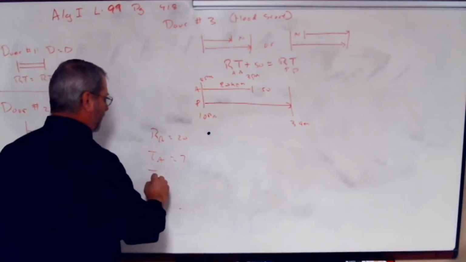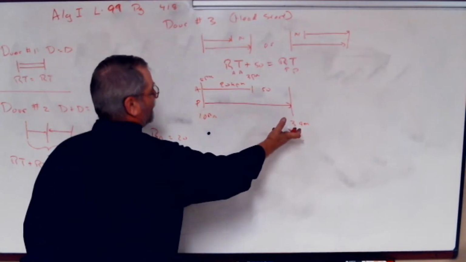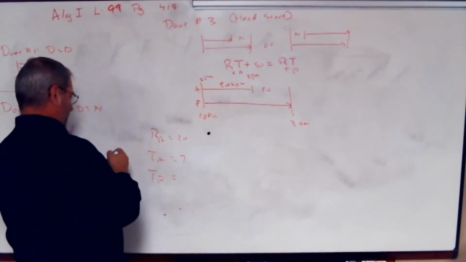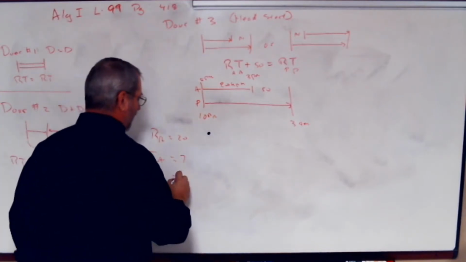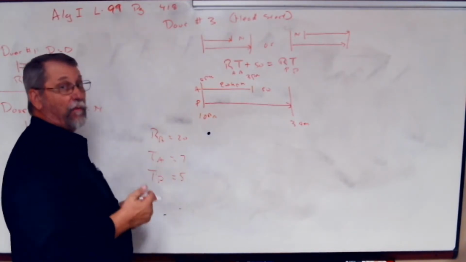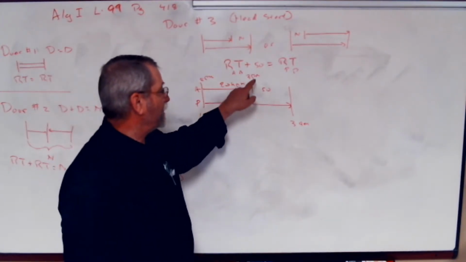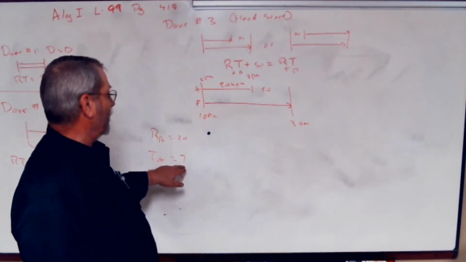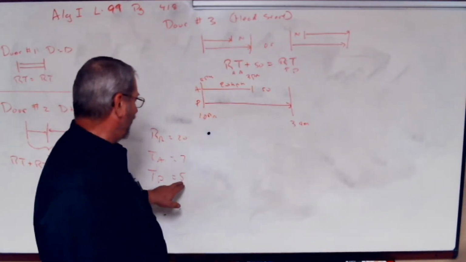The time of Pat, he started at 10 to 3. 10, 11, 12, plus 3 is 5. He traveled 5 hours. Now, did you get what I just did there? 8 p.m. to 3 a.m. is 7 hours. 10 p.m. to 3 a.m. is 5 hours.